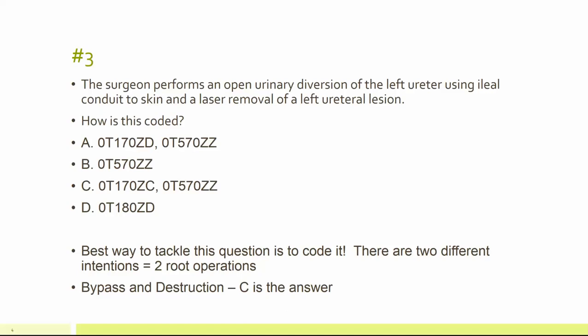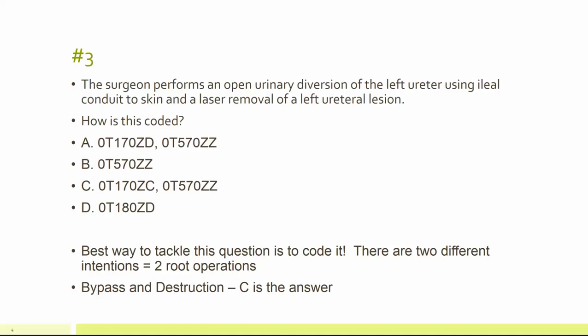You have the physician doing a diversion and also removing a lesion. So based on our knowledge, we should think about the possibility that we're going to have 2 codes because we have 2 different root operations. So when we look at the options, there's only 2 options, A and C, that even give us the possibility of 2 codes.